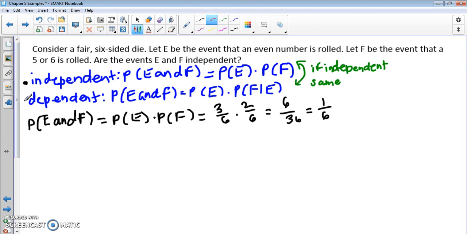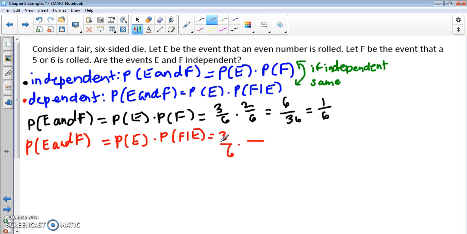So let's look at the dependent case. So E and F, so the probability of E times the probability of F, given that E has already happened. So E is just 3 out of 6. Probability of F given E. So E is the event that an even number is rolled.